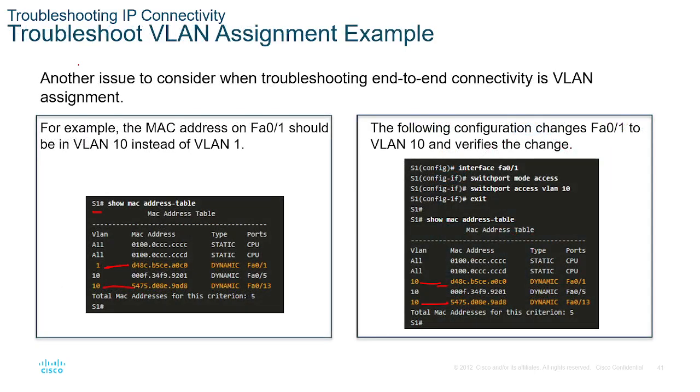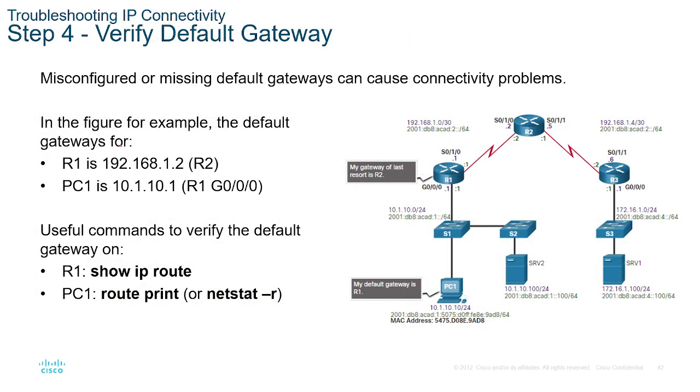And verify default gateway. Most of the time, it is the default gateway that the student would not be able to understand, and will misconfigure. In this figure example, we have a gateway of R1. R1 is 192.168.1.2 and PC1 is 10.1.10.1.